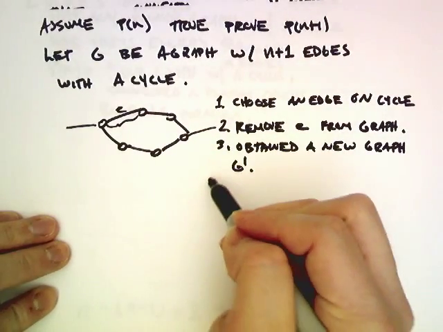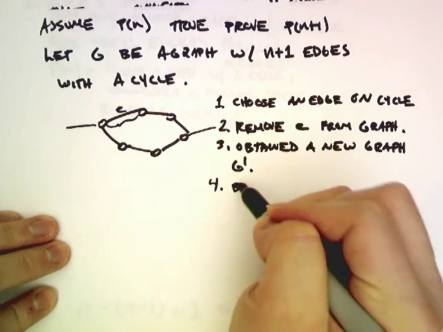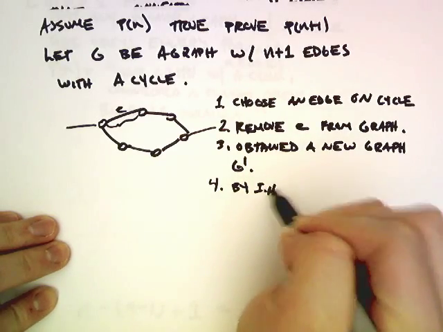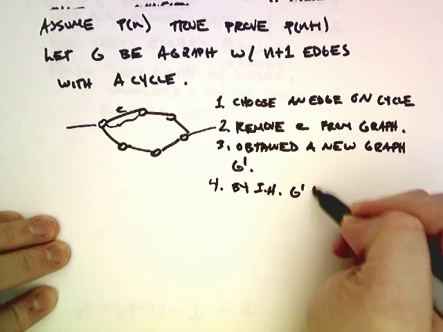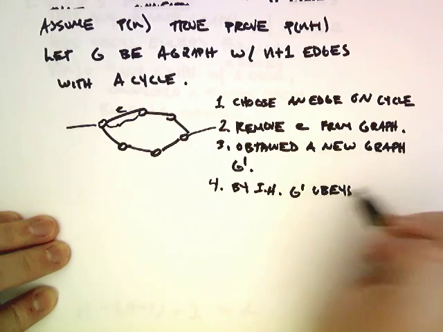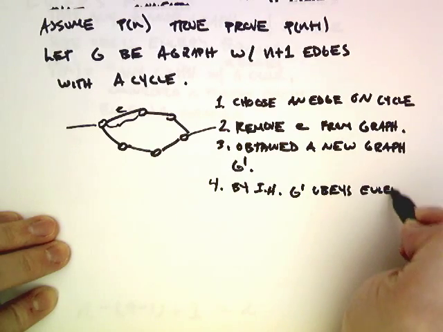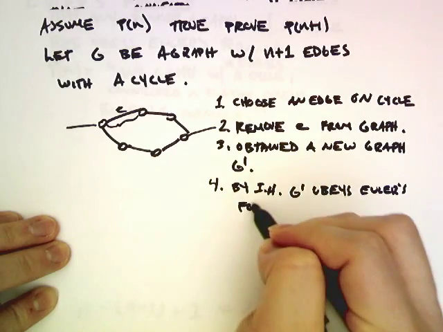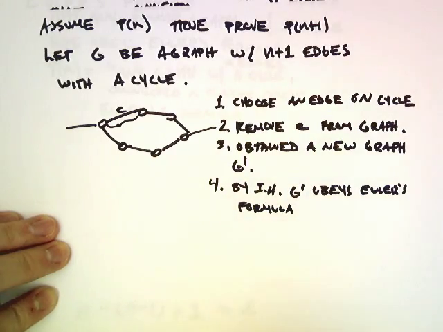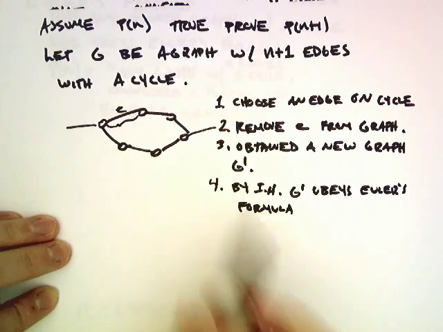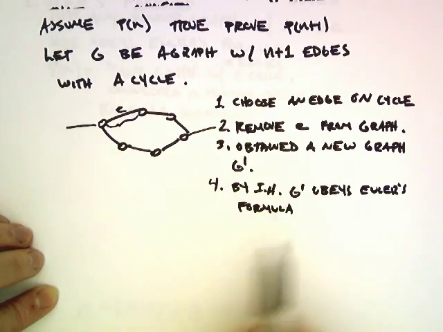So, by the inductive hypothesis, G prime obeys Euler's formula. Okay, now how many vertices does G prime have?